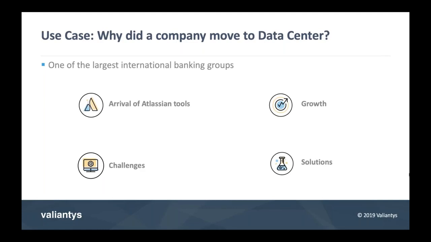So for this client, after roughly 3 years of use, the instance was not only for one of the locations that they have, but became global. So imagine all development teams around the globe using the same application.